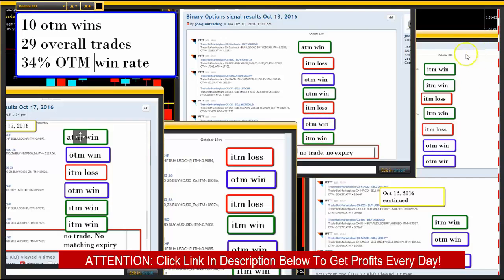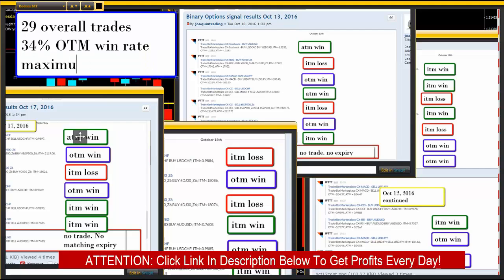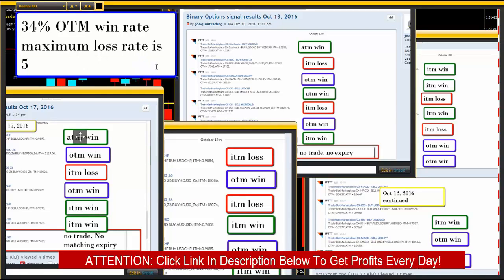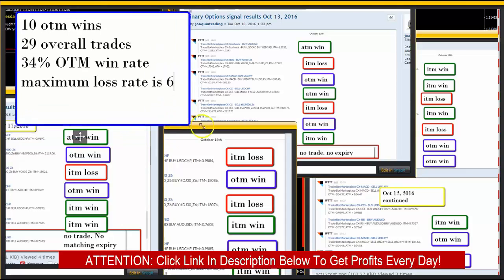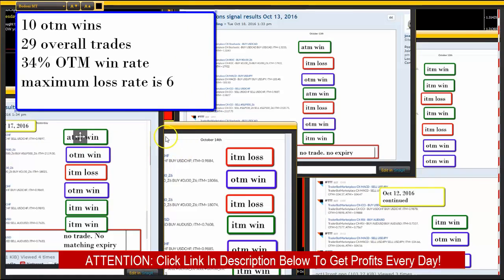Then we've got 1, 2, 3, 4, 5, 6. 6 consecutive losses before another OTM win. Then we've got 2 OTM wins, not an OTM win, and then 2 more. So the maximum loss rate is 6 in between OTM wins.